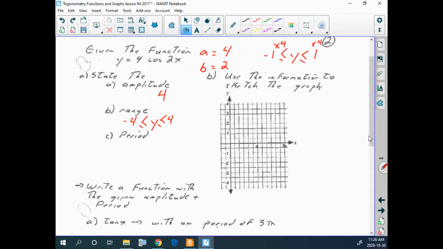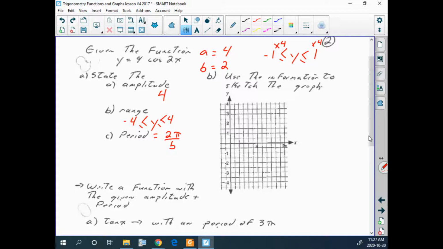Now for the period, we have to do that. Okay, B controls the period, but it is not the period. The period needs to be found by using that concept or equation, or by taking 2 pi and multiplying it by your stretch.